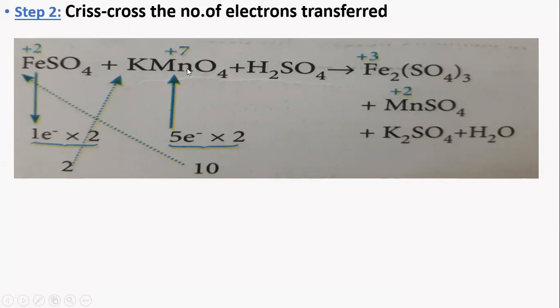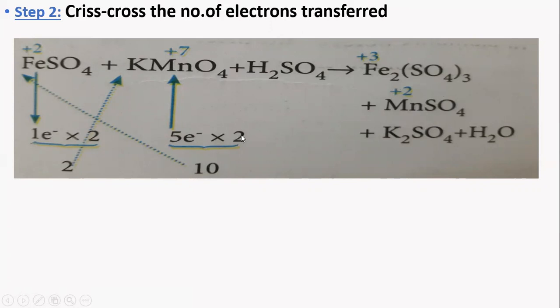And here in KMnO4 manganese has +7, and on this side manganese has +2. So 7 minus 2 is 5 electrons. So the difference will be 5 electrons into how many manganese? Here we multiplied by 2, right?